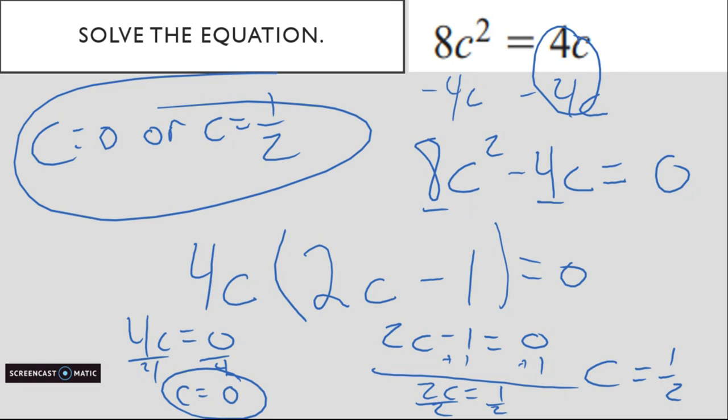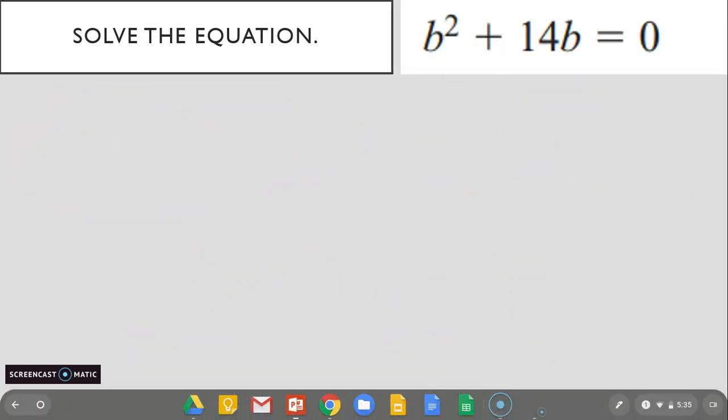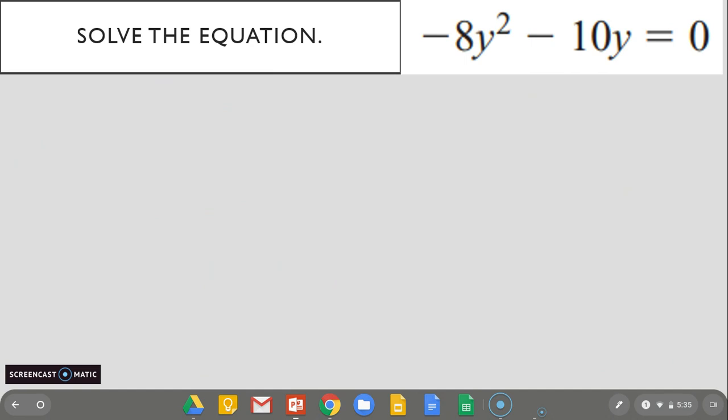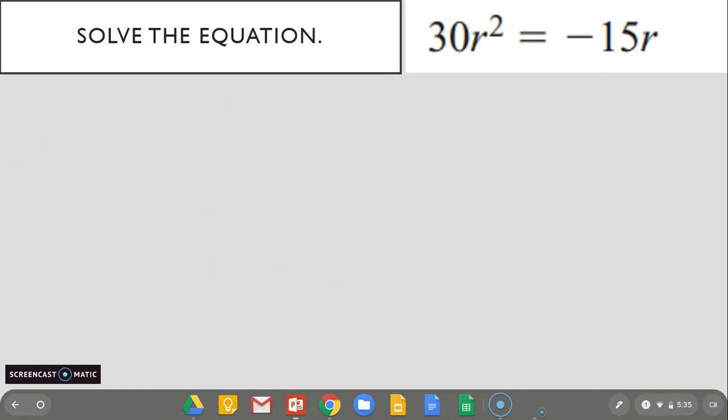Again, pretty similar question. The only thing was that we had to set it equal to 0 first. So let's look at another one like that. Yep, there's another one. We're going to undo a negative 15r with a positive 15r. Add 15r to both sides.